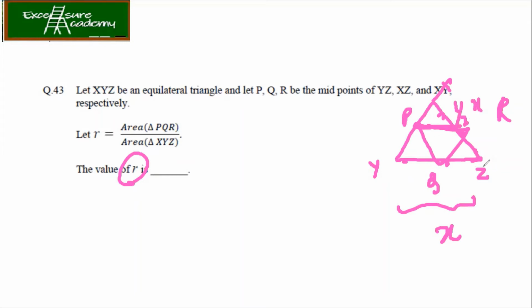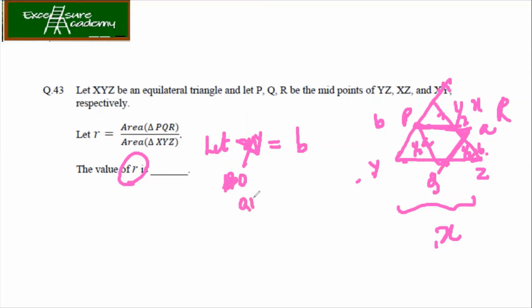If this is A, then this is half of A. And if this is B, then this is half of B. Now let's say that capital XY, this one, is B. Then QR is B by 2. Similarly with the others also. So you're taking all the midpoints.